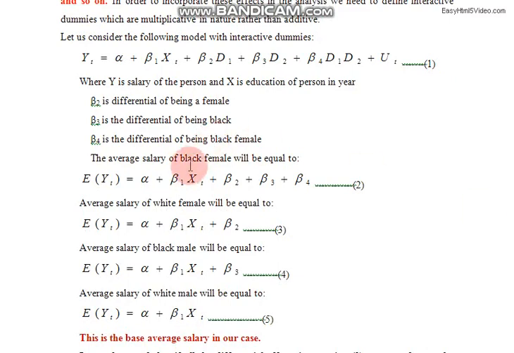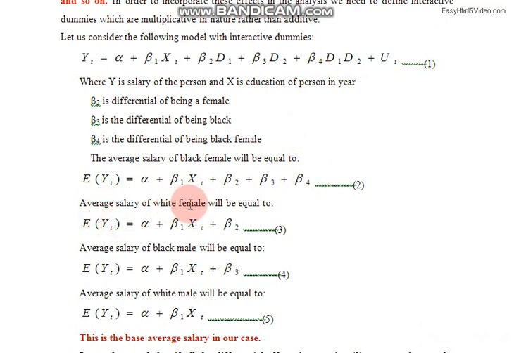So the average salary of a black female will include beta 2, since D1 is equal to 1 because the person is female, and beta 3 will also be there since D2 is equal to 1 because the female is black, and since both are equal to 1, beta 4 will also be there.